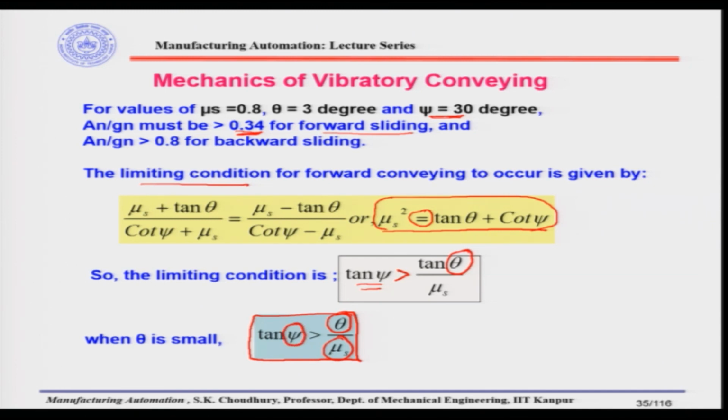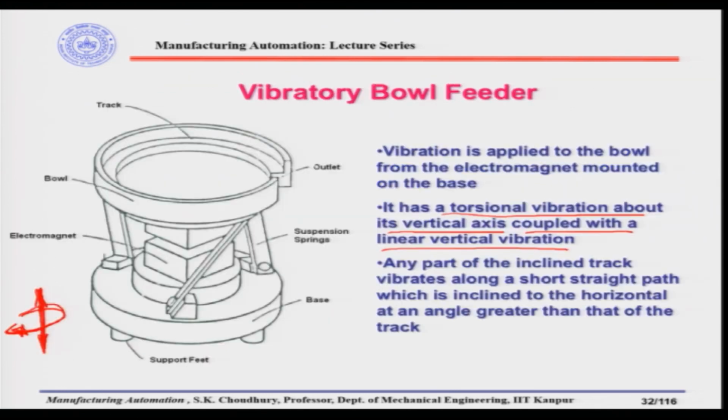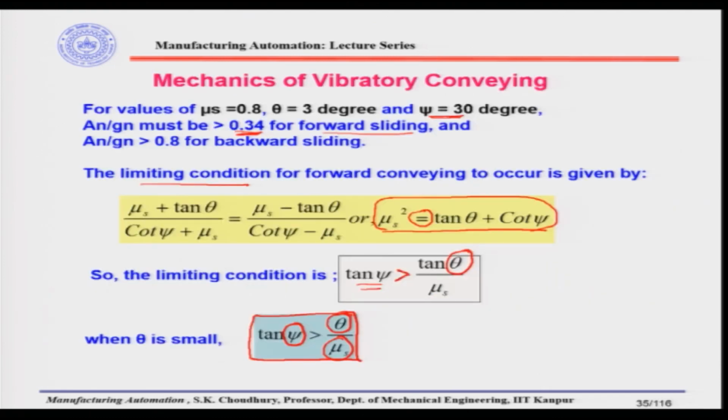Depending on that, we can select the suspension springs, the angle of the suspension springs, and the spring constant. These are the suspension springs at which angle you are attaching the bowl with the base, and what is the spring constant, that is the material. And the electromagnet will actually be selected based on the psi that you would like to have for the forward movement. Now, mind one thing, that the parts are of different materials.